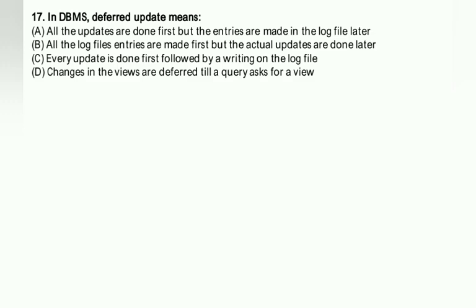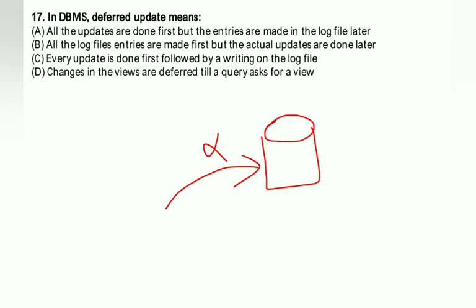When a transaction runs, any updates or alterations made to the database are not done on the database directly. Instead, we are maintaining a log. In the log, we are updating the transaction details. Everything will be recorded in the log file.